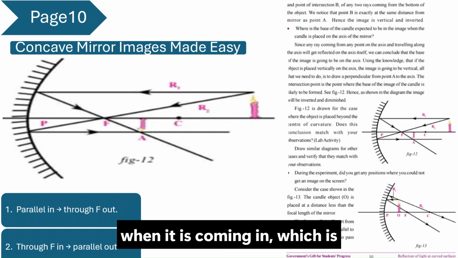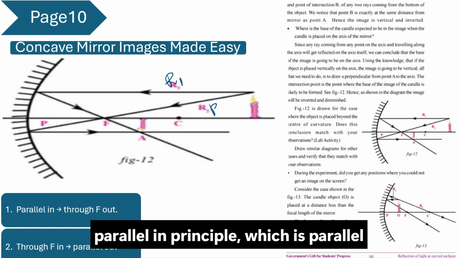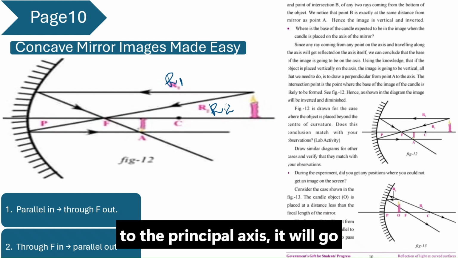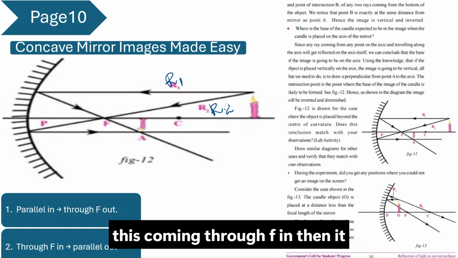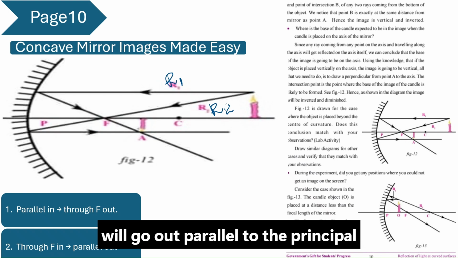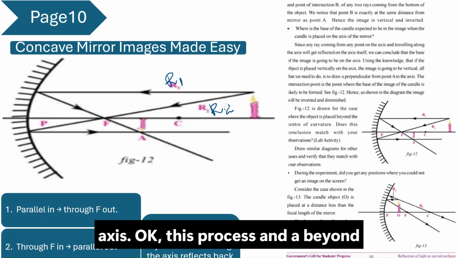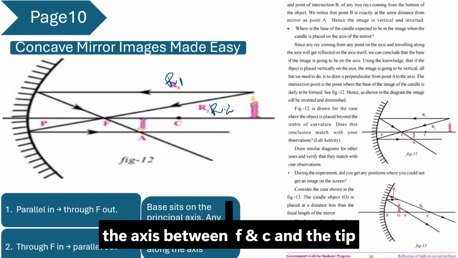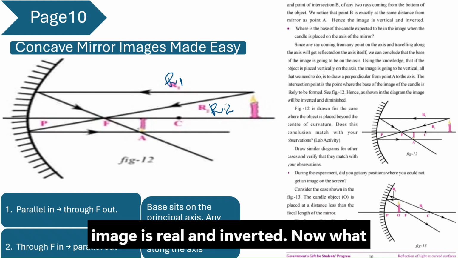When it is coming in parallel to the principal axis, it will go out through F. And when it is coming in through F, then it will go out parallel to the principal axis. This process meets at A beyond the axis between F and C, so the tip image is real and inverted.